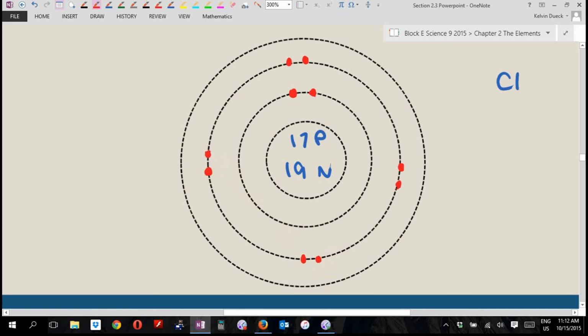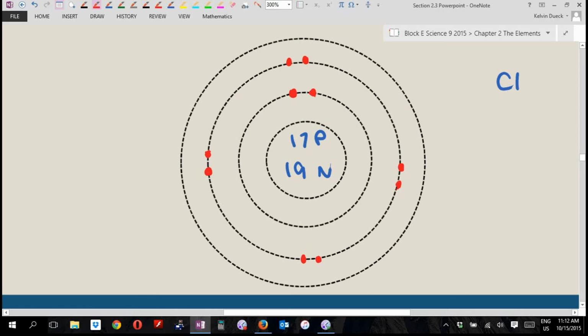How many electrons have I drawn so far? 10. How many do I need to draw? I've drawn 10. I need to draw 17. How many are left? Now, the other way you can figure that out is if you just count from the left across to chlorine. I think it's the 7th element over. So if you're lousy on the subtraction, you can actually just count across.